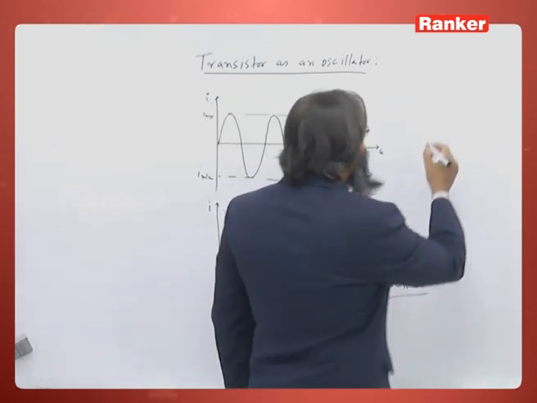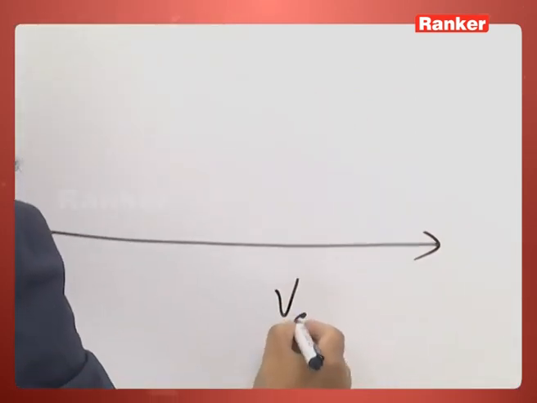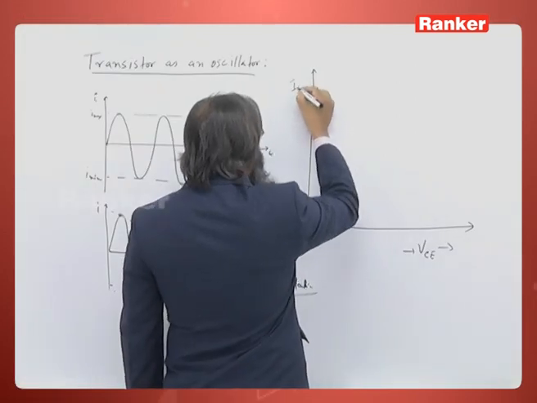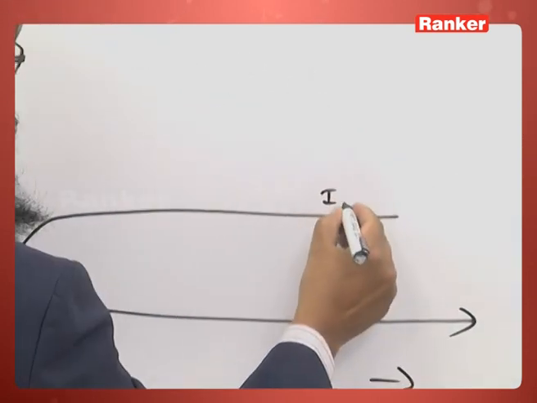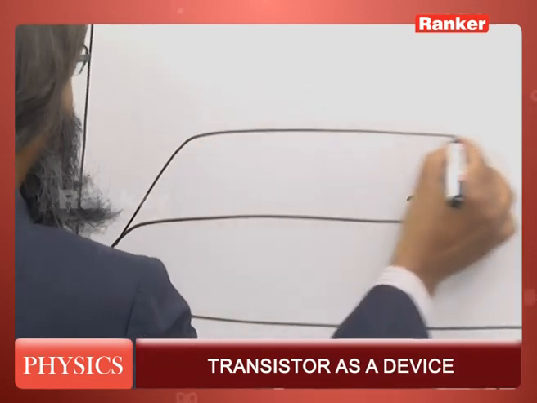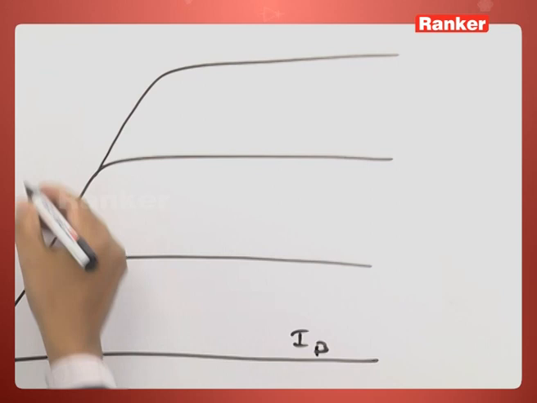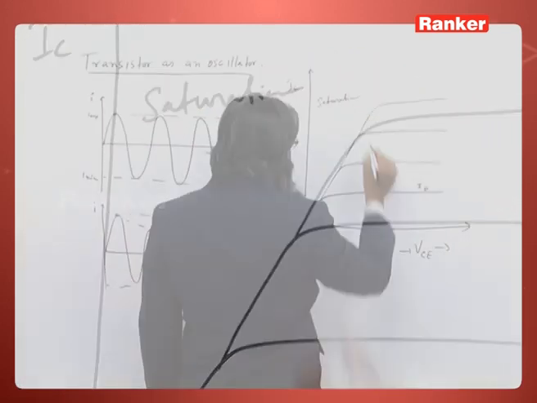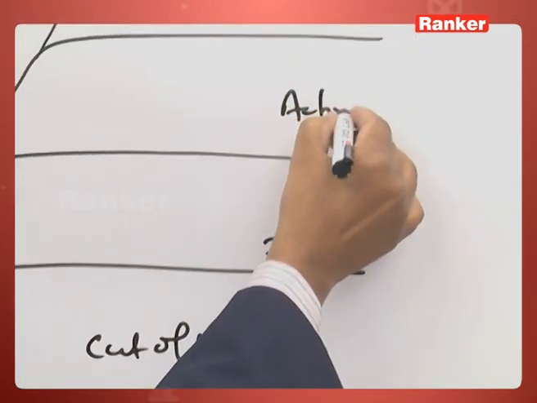So, what we do, you just recall the output characteristics of an amplifier. This is VCE plotted here, and this is the collector current. You see this is the IB current, base current, and so we have this region like this. This is the saturation region, this is the cutoff region and this is the active region.